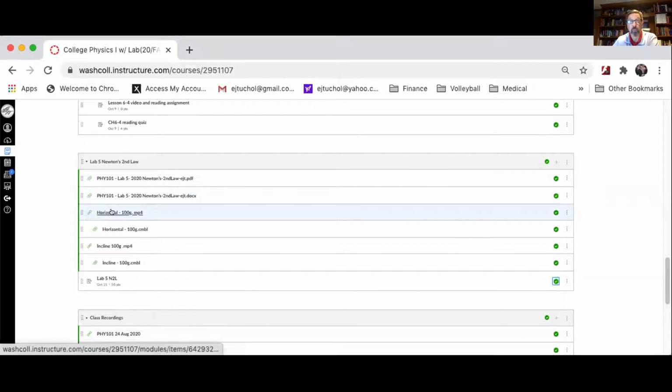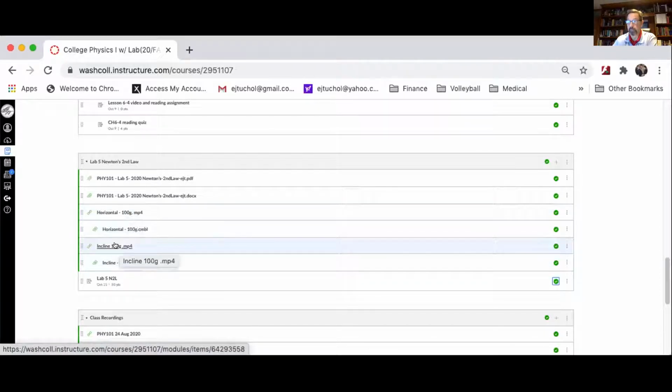You have to watch a video just to see the experiment. One's called horizontal, one's called incline. Rather than making you analyze the video, we're giving you a Logger Pro file with the .cmbl extension, and that has the data associated with the video you just watched.